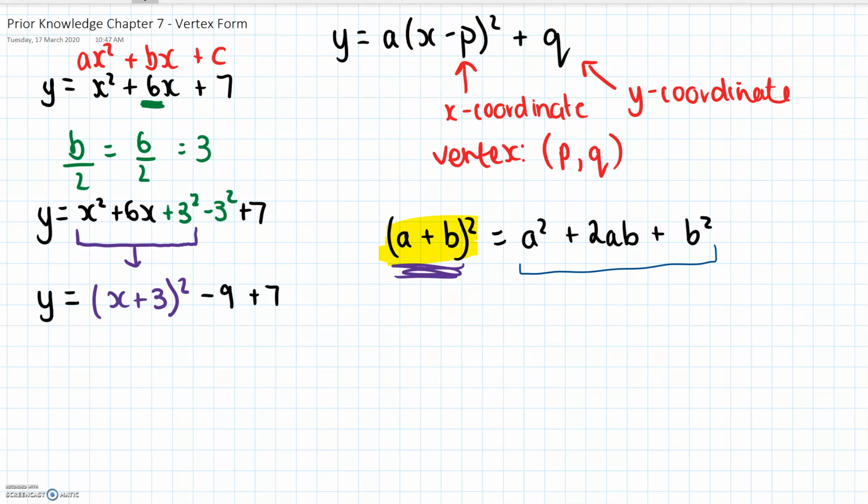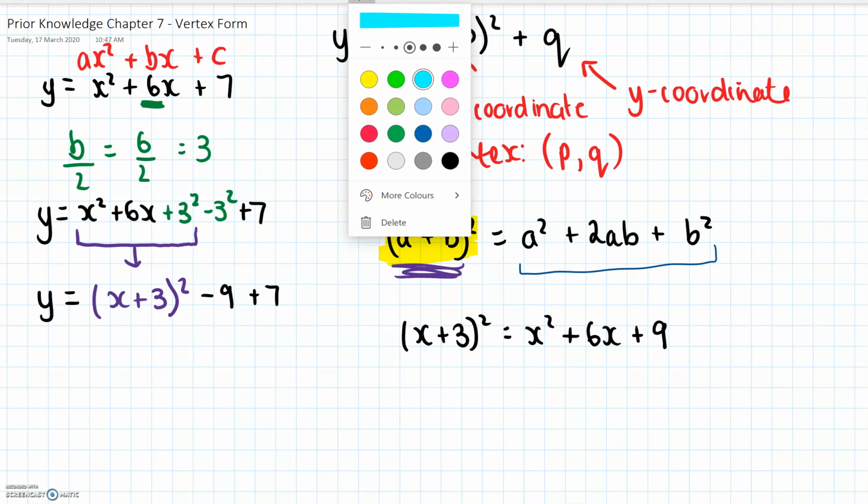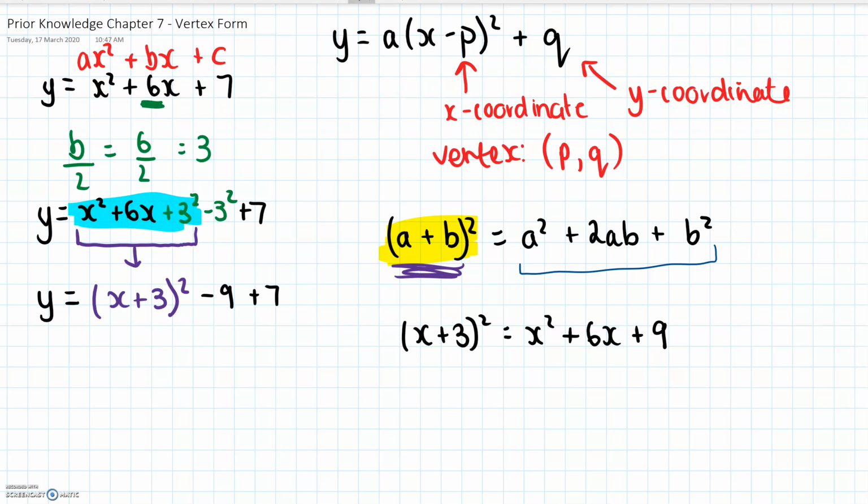And just to check that, if we have (x plus 3) squared and we expand that, we get x squared plus 2ab, so 2 times the first term, x, times the second term, which is 3, so we get 6x, plus b squared, so 3 squared is 9. And that is actually what we had back over in this part here. That's what this turned into.